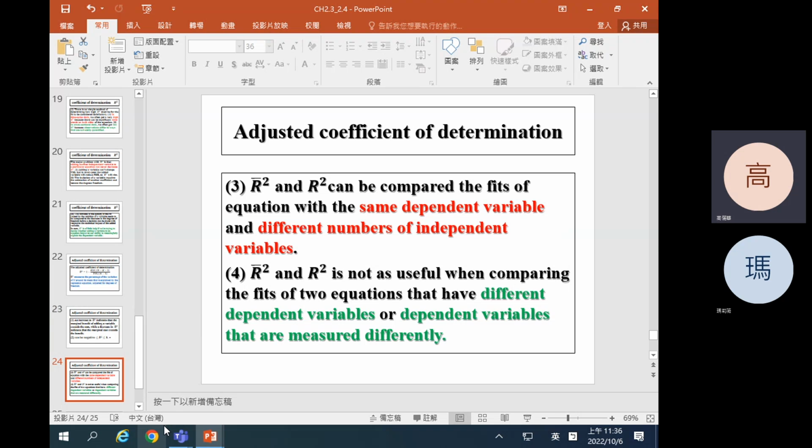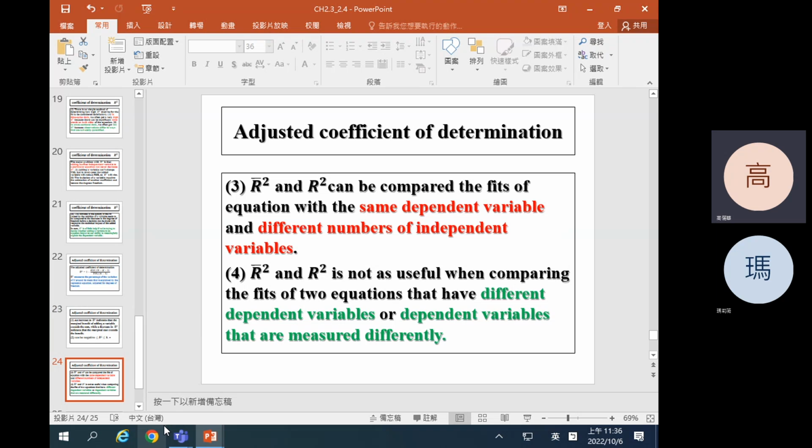If I want to compare two models, I need the same y variable in both models, but they can have different x variables. For example, one has two x variables, the other has three x variables. I want to compare which one is better.